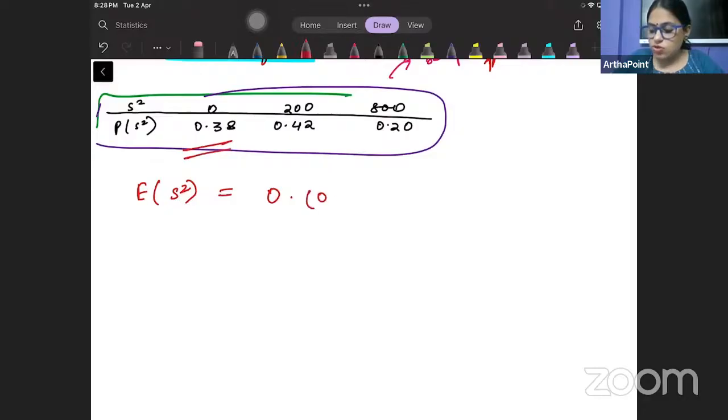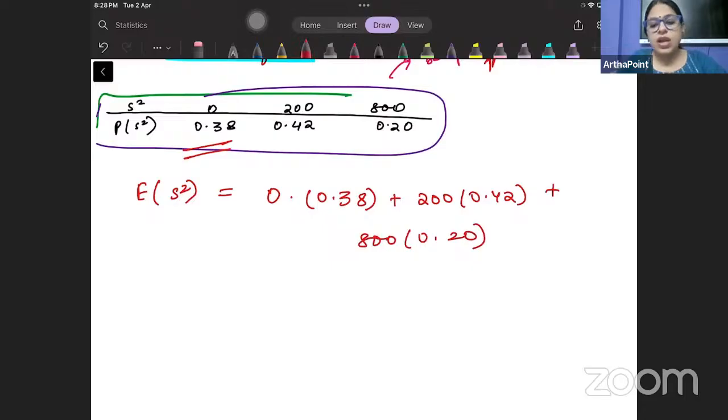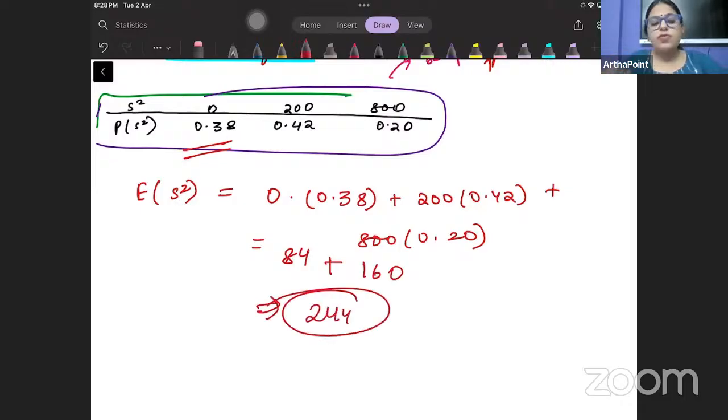So 0 into 0.38 plus 200 into 0.42 plus 800 into 0.20. And when you will go ahead and you will solve this, so 200 into 0.42, this will give you the answer as 84. Plus this is 160, this will give you the answer as 244.